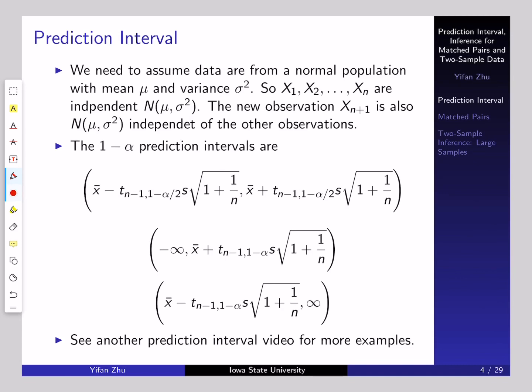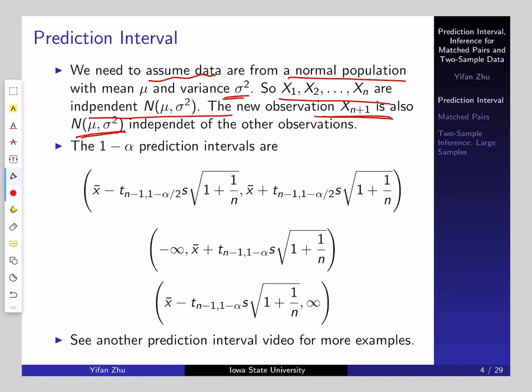And to construct the prediction interval, we will need the normal assumption. So we will assume data from a normal population with mean mu and variance sigma squared. And we have x1 to xn independent from a normal distribution with mean mu and sigma squared. And the new observation is also from the same normal distribution.